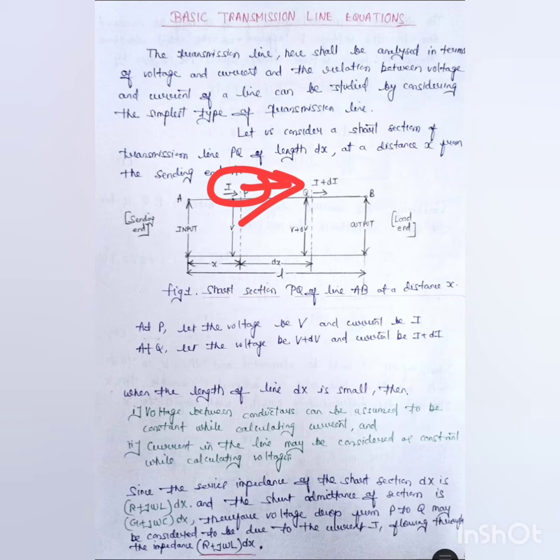Obviously, in the series part there is a series impedance present, so the current flows through the series impedance. That's why we have taken R plus j omega L as the impedance across which the current is traveling in the transmission line.